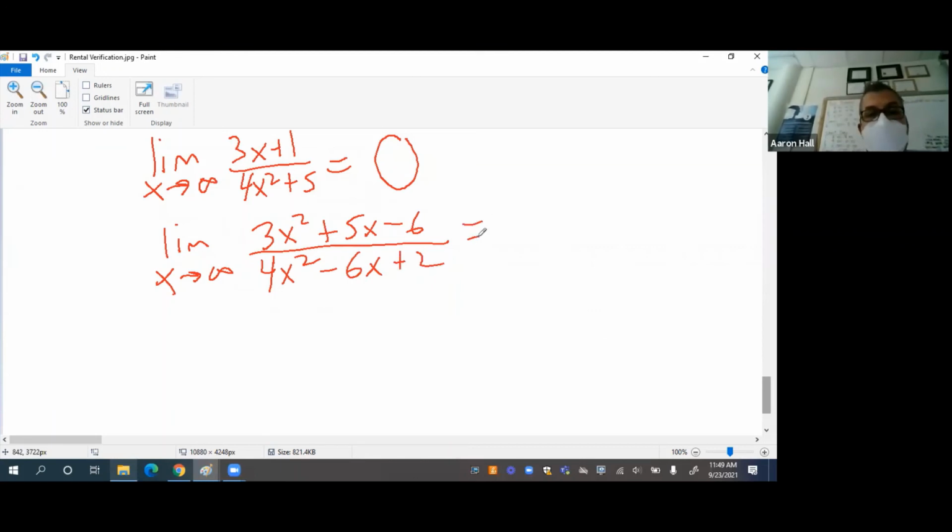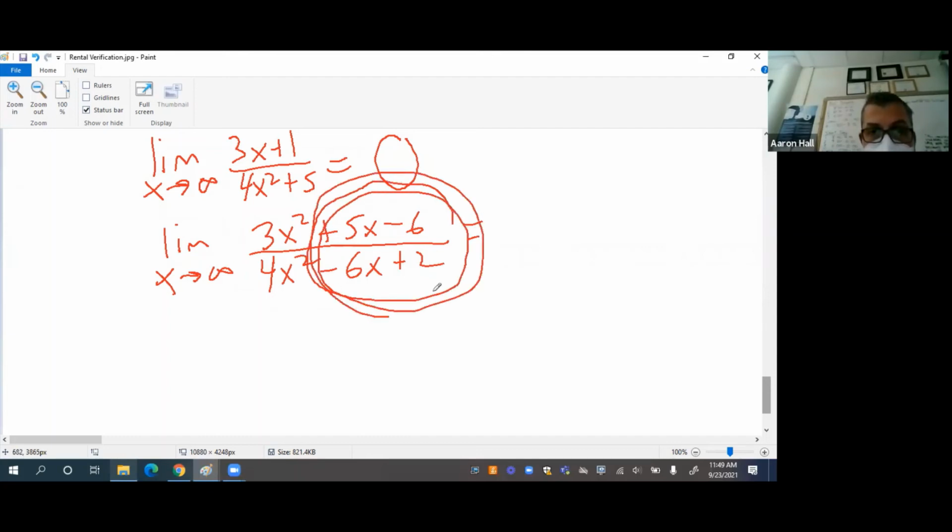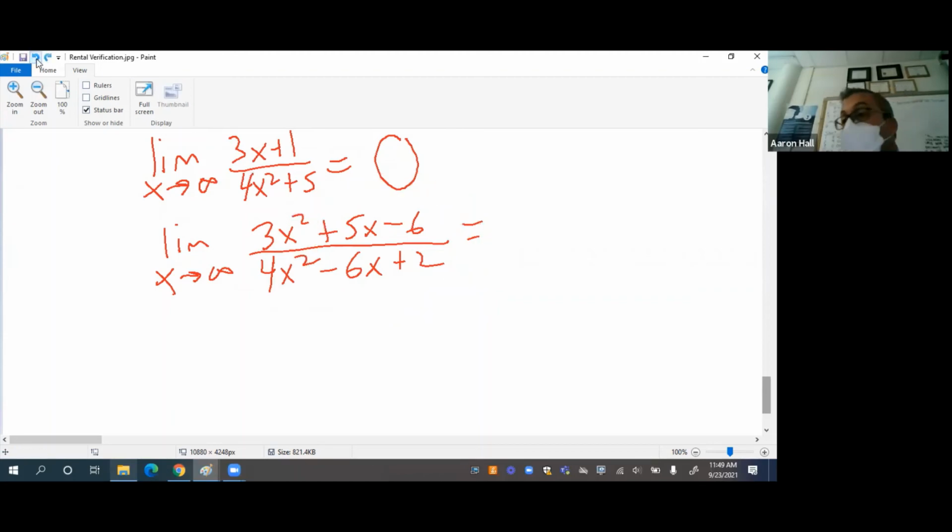Why? Because n equals m. What happened to all these? Irrelevant. They don't matter. These numbers are going to be so much more powerful, so much larger. When x becomes large, these other values are so much larger that it doesn't matter.